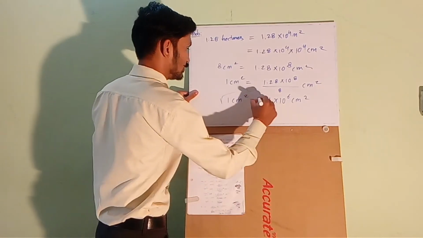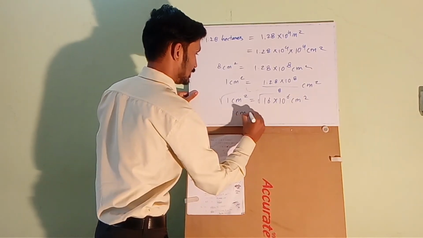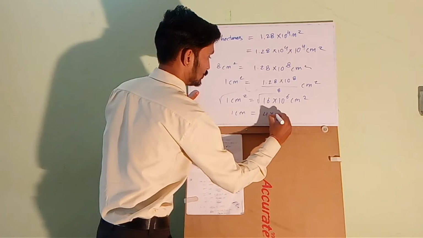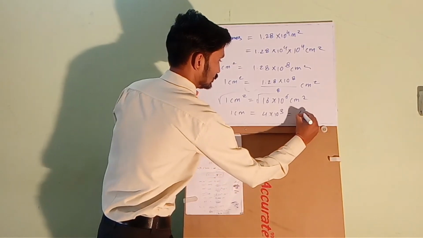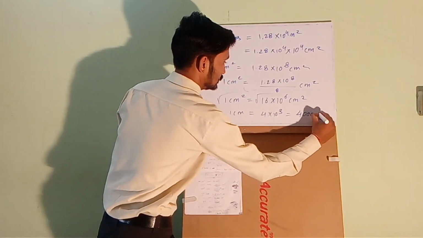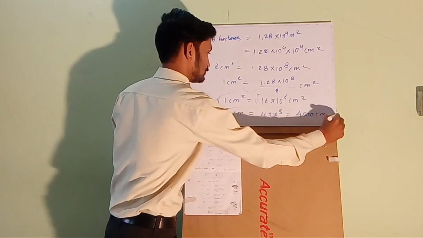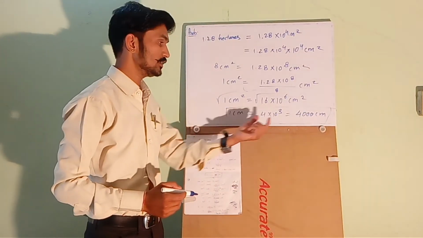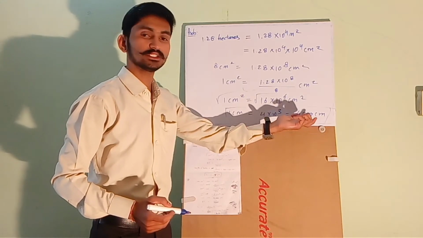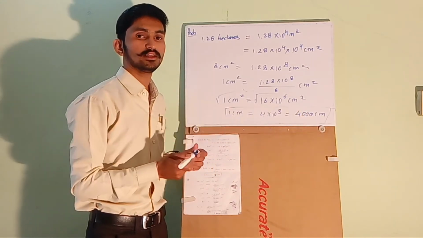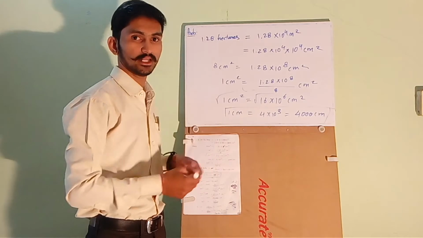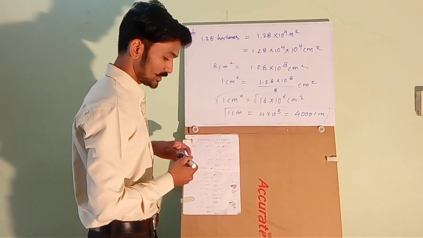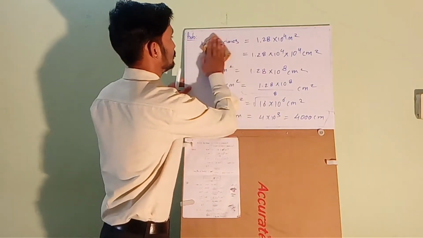Taking root both sides, 1 centimeter is representing 4 into 10 to the power 3, that is 4000 centimeter. So 1 centimeter of line represents 4000 centimeter of length on the land. From this we can calculate the RF, which is pretty simple.